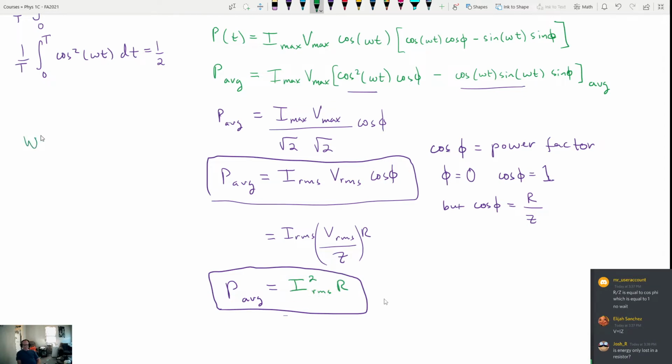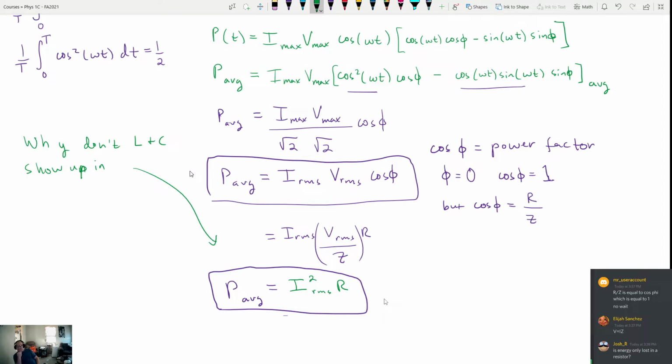Is energy only lost in a resistor? That appears to be what it's saying, right? That's basically the right answer, Josh. The energy is really only dissipated through the resistor.